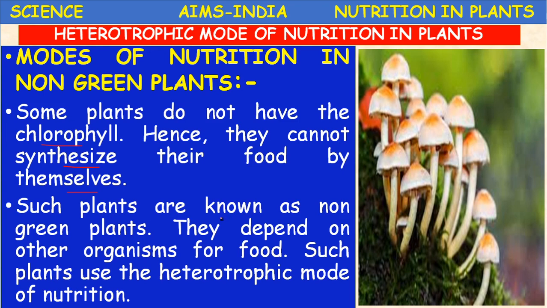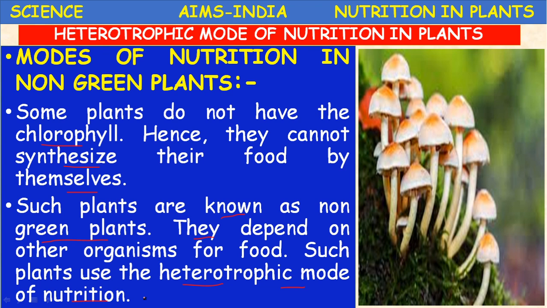Such plants are known as non-green plants. The name itself indicates they don't have chlorophyll. So they depend on other organisms for food. Such plants use the heterotrophic mode of nutrition.